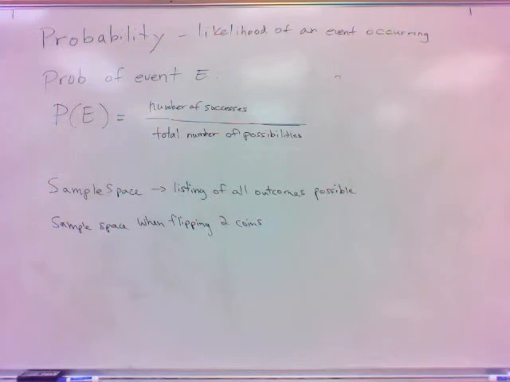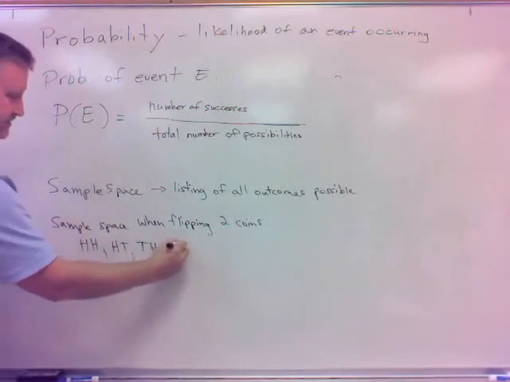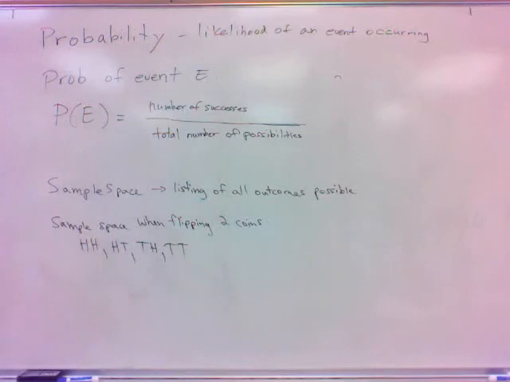Well, you could have heads, heads. You could have heads, tails. You could have tails, heads. You could have tails, tails. We've done that one before. But in the probability realm, it's called the sample space. So it's just a listing of all the possible outcomes. All right? That's what I mean by sample space.